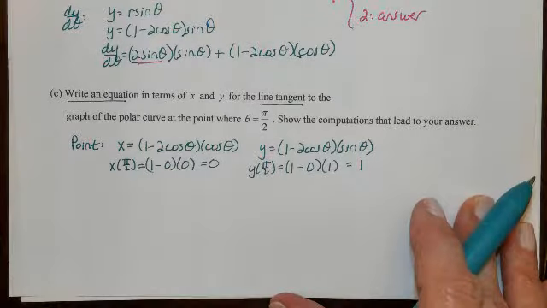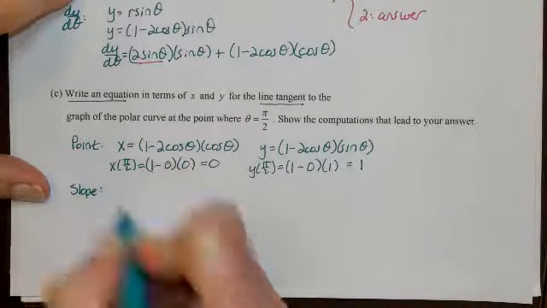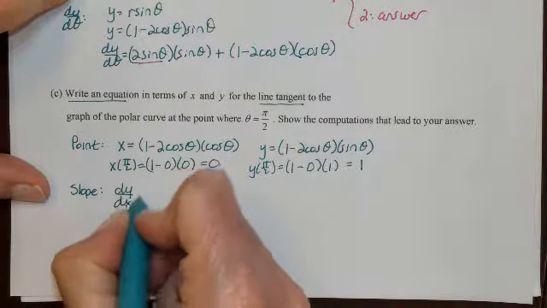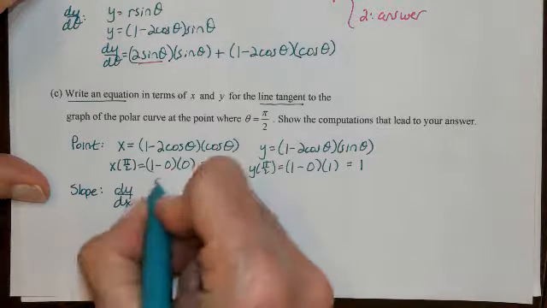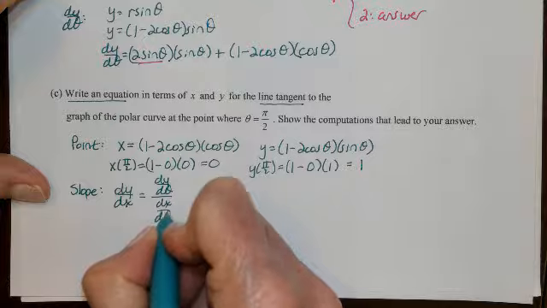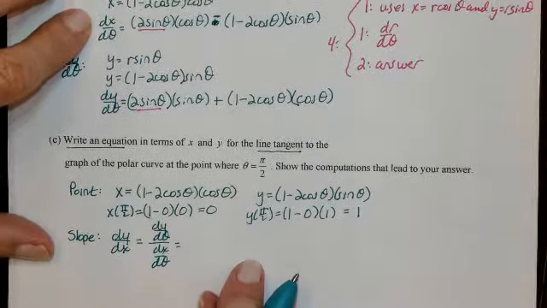All right. Now for the slope. Well, the slope is dy dx. It's always dy dx, right? In polar, that would be dy d theta over dx d theta. And we found both of those above, right?